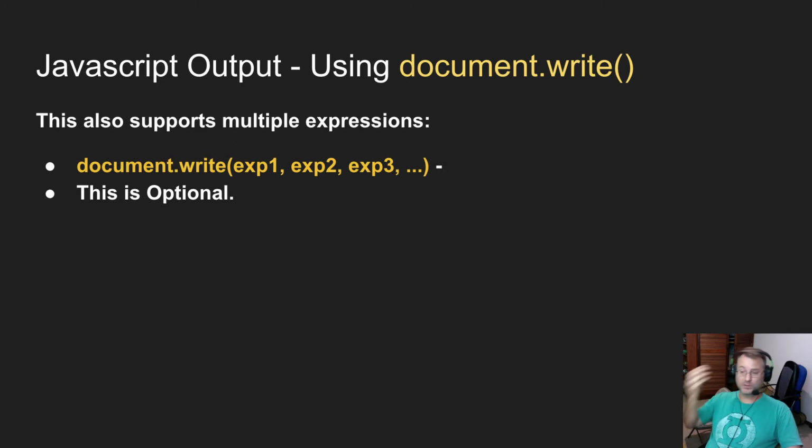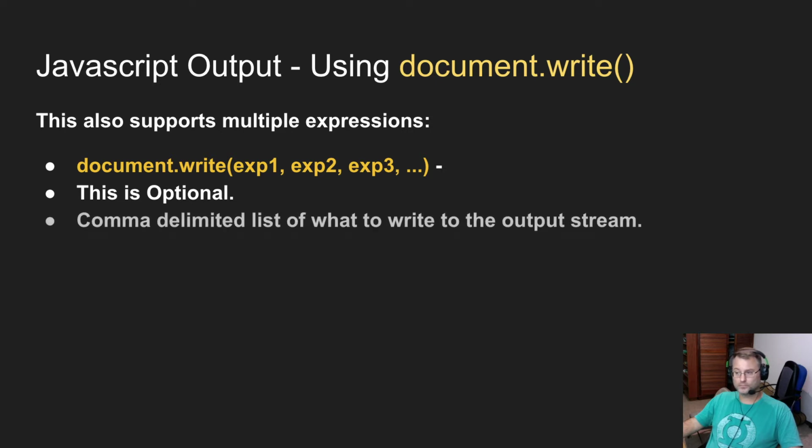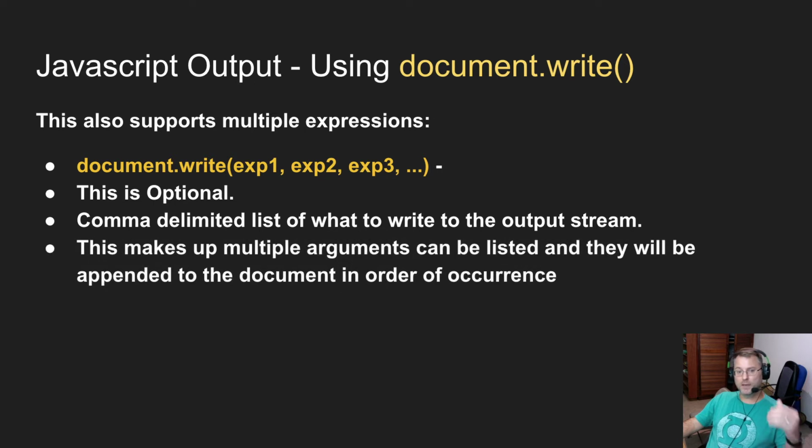Using these multiple expressions is optional. You do not have to use them. If you don't want to use them, then you just don't put a comma and you don't include them. So keep in mind it is comma delimited. It's a comma delimited list of what to write to the output stream. This makes up multiple arguments that can be listed, and they'll be appended to the document in the order of occurrence. So 1, 2, 3, 4, and so forth.